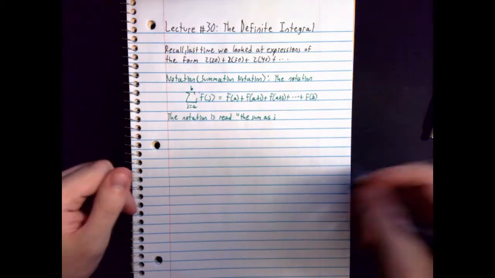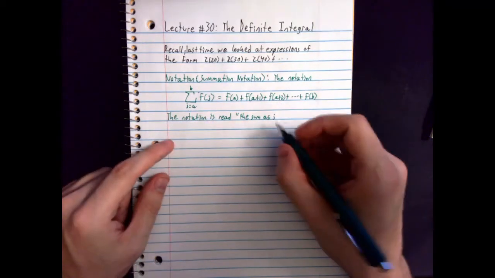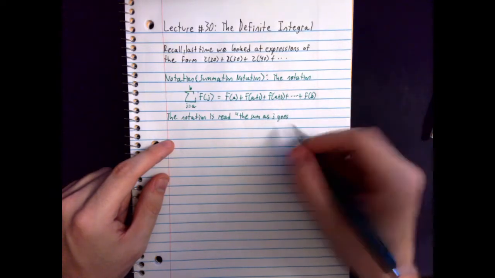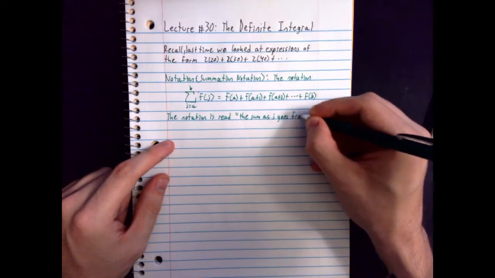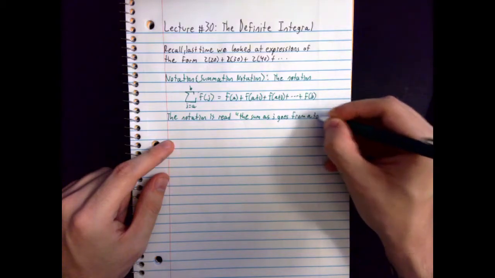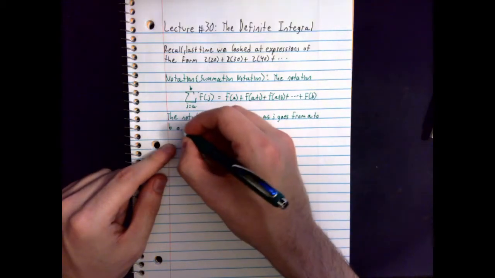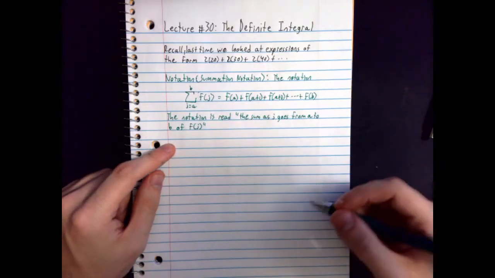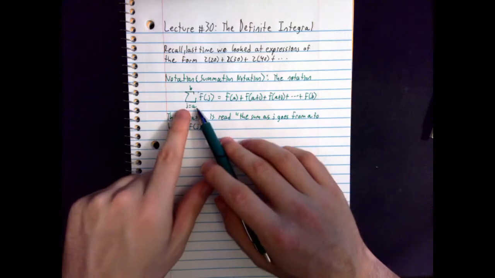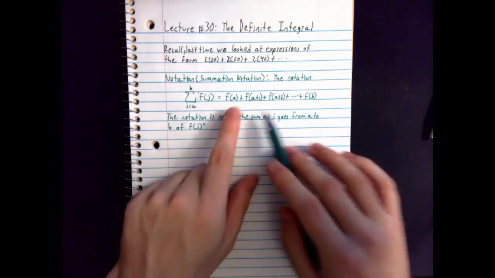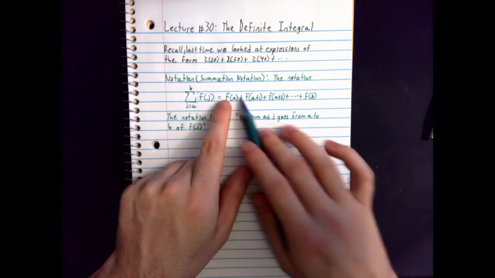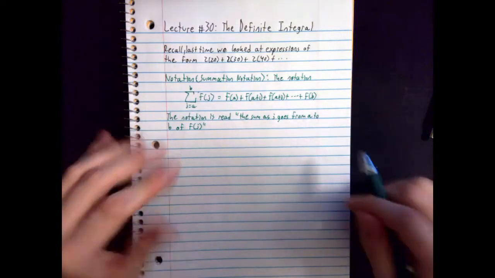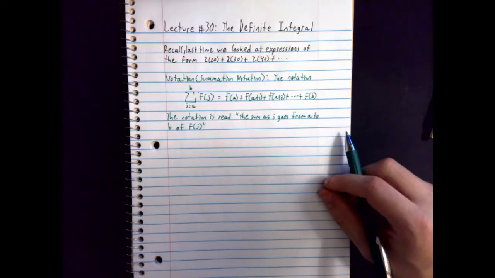It doesn't really matter. The sum as j goes from a to b of the function f of j. This notation is just a succinct way of writing a sum of a bunch of things like this. It makes writing these things a lot less cumbersome.